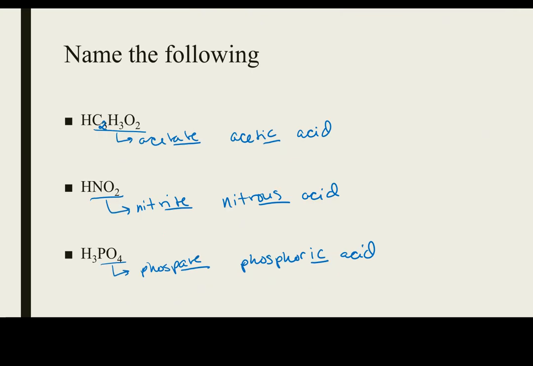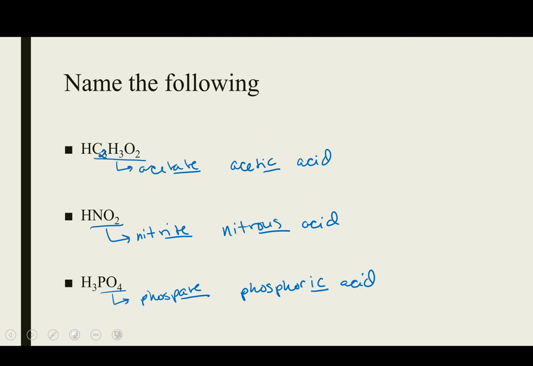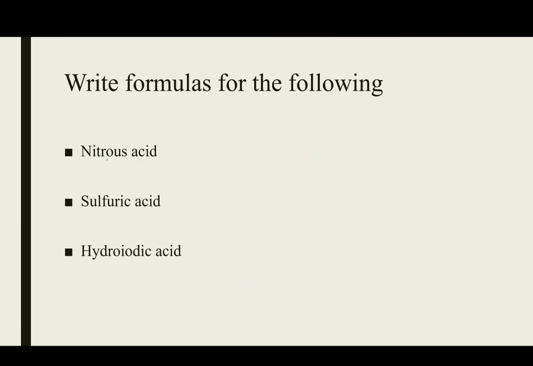Putting the formulas together, you just go backwards from what we just did. So nitrous acid, ous, tells me that it was ite, nitrite, which is NO2 with a -1 charge. And then all acids, of course, have hydrogen. So hydrogen +1, NO2 -1, so they already balance out. So it's just HNO2.